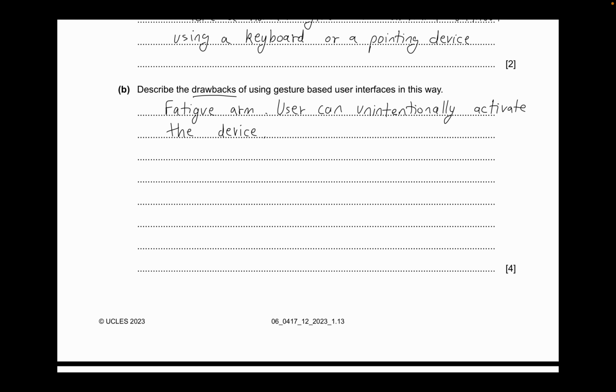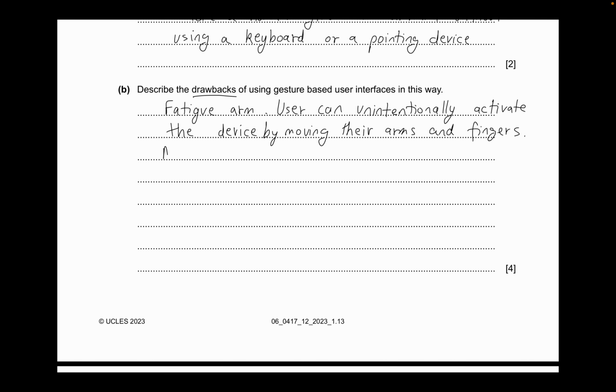So that is one of the errors. Users can unintentionally activate the device, so they're constantly using that much amount of power by moving their arms and fingers, right? So that's your second point.